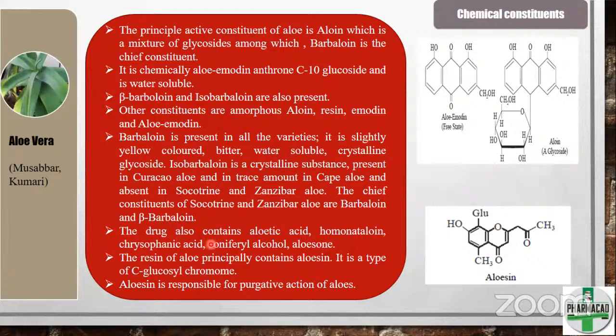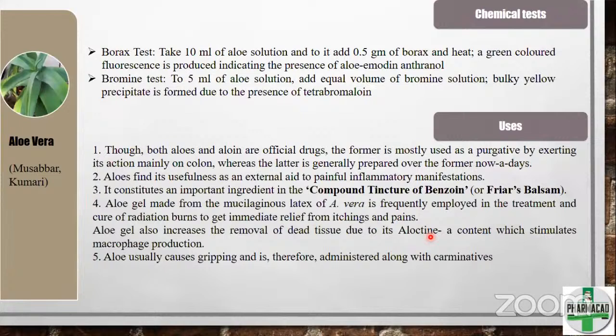Now the drug also contains aloetic acid, homonataloin, chrysophanic acid, coniferyl alcohol and aloesone. Resin of aloe principally contains aloesin, which is a type of C-glucosyl chromone. Aloesin is also responsible for the purgative action of aloes.